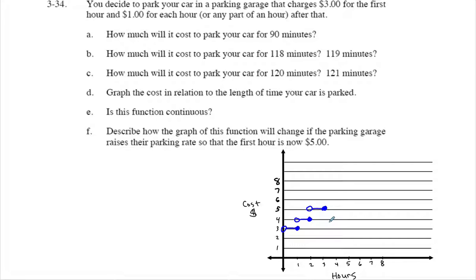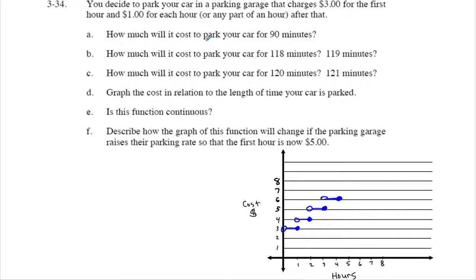Then we continue on there. We'll draw one more in. If we stay over 3 hours, we're definitely going to get charged $6. So that'd be an open circle over the 3, and we'd take it to the 4th hour here. Put a closed circle. Now this would probably continue to go on, but I'm going to stop at this point and start answering some of the questions.